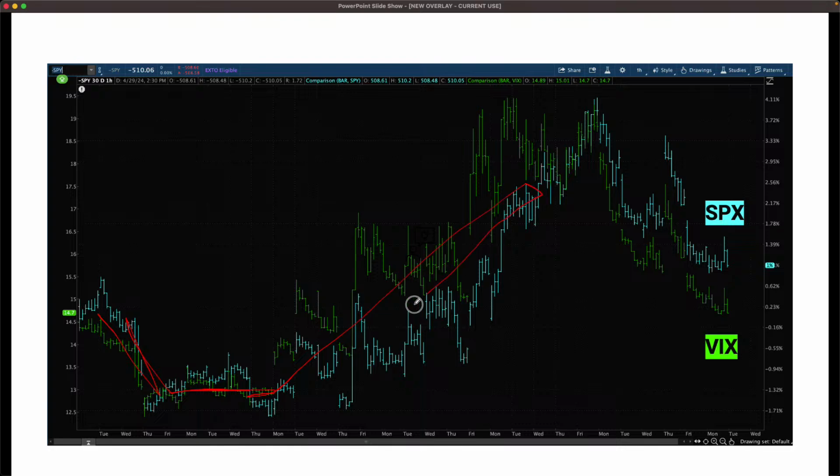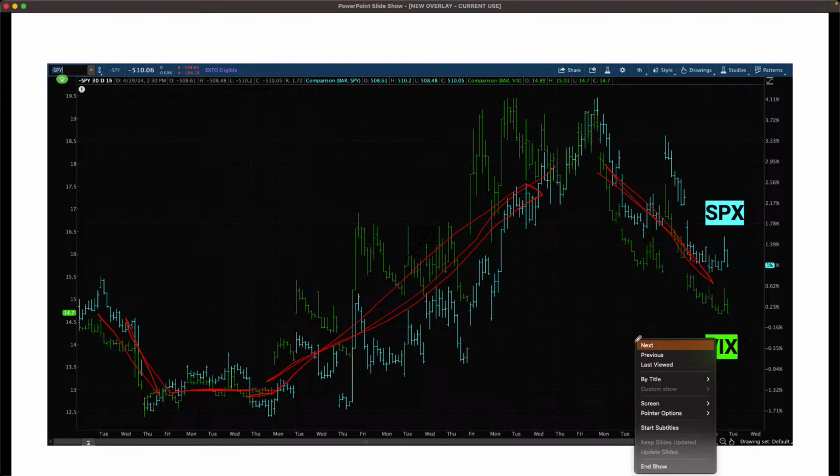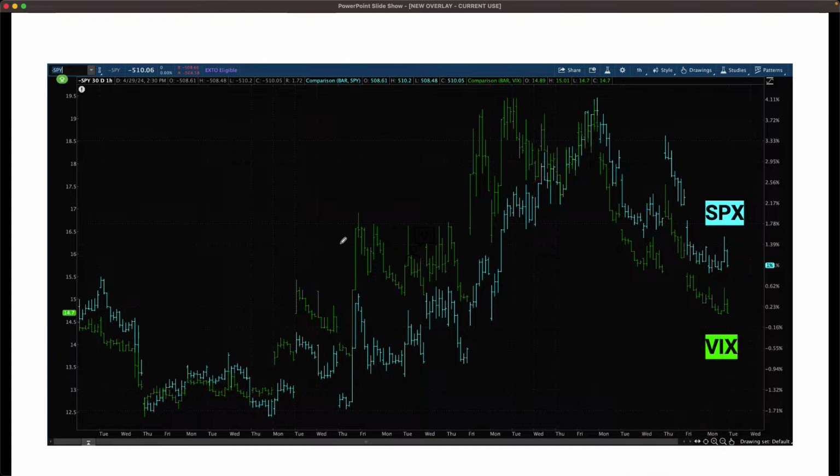Now, once in a while, you'll see them separate. This is a trade opportunity. When you see two things that are correlated that separate, those are trade opportunities.